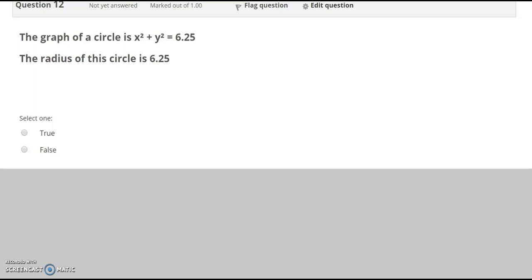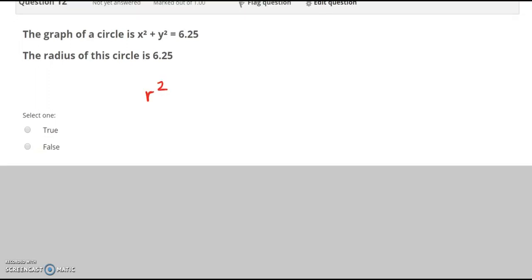In question number 12, we've got the graph of a circle, x squared plus y squared equals 6.25. The radius of the circle is 6.25. Is this true or false? This is actually false, because 6.25 is r squared, the radius squared. So r is going to be the square root of 6.25. And I can quickly show a sketch here on the graph.